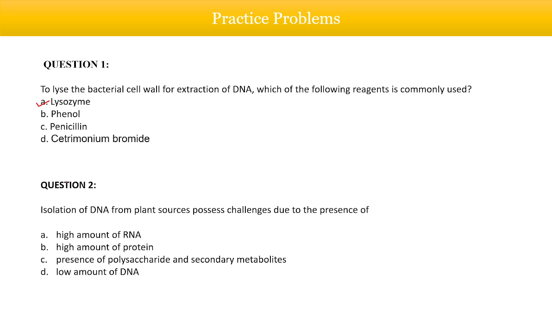Question 2. Isolation of DNA from plant sources poses challenges due to the presence of a high amount of RNA, high amount of protein, presence of polysaccharides and secondary metabolites, and a low amount of DNA. So why is it difficult to isolate DNA from plant sources?